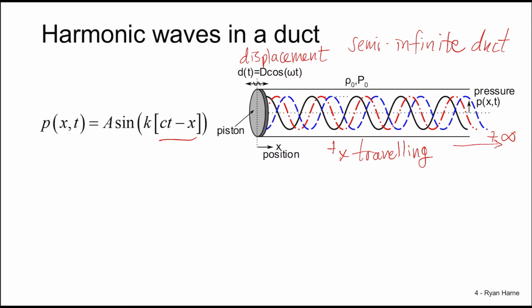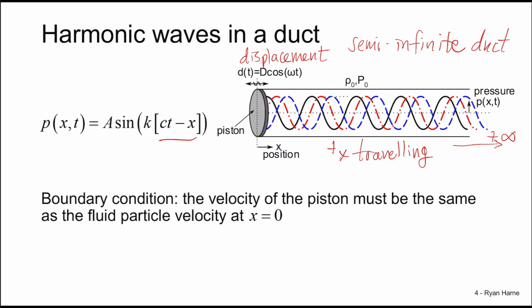So let's learn about the harmonic waves created through this piston oscillation. The boundary condition in this problem is that the velocity of the piston, let's write that as lowercase d dot, must be equal to the fluid particle velocity, u, at location x is 0, and it must be equal for all time.